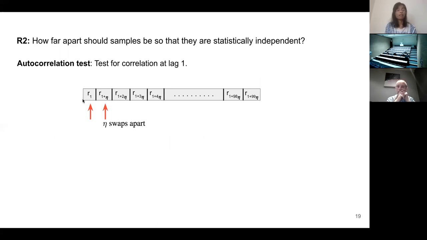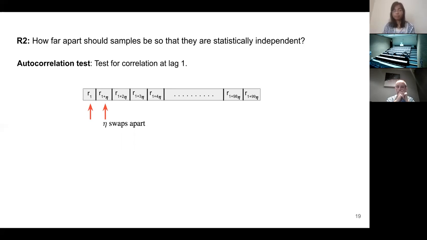So say, for example, R1 is coming from a graph G, and R of 1 plus eta is the degree assortativity of a graph obtained after applying eta swaps on graph G.